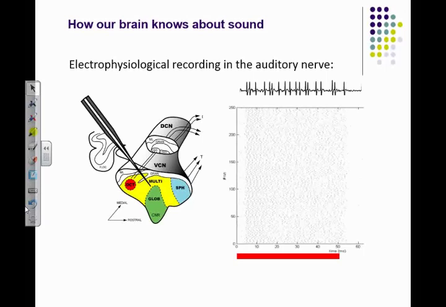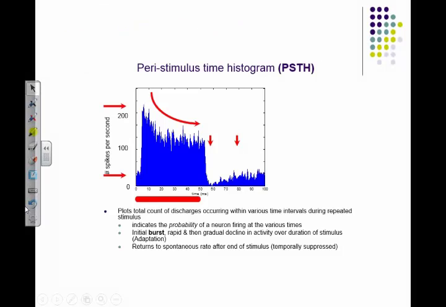To visualize that, we build a histogram of that. It's called a peristimulus time histogram, PSTH. We just count in every millisecond how many spikes there were over those 250 repeats. And I show you that because it shows a number of things about perception for this one single neuron.